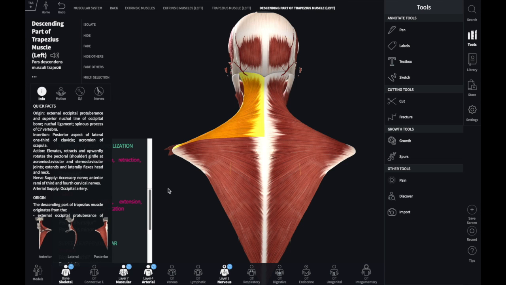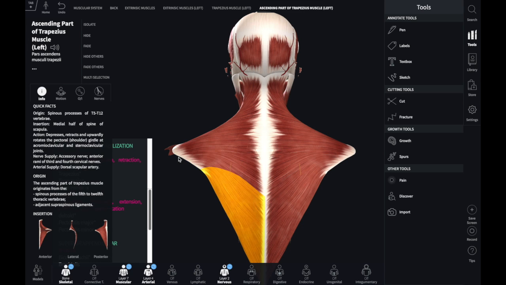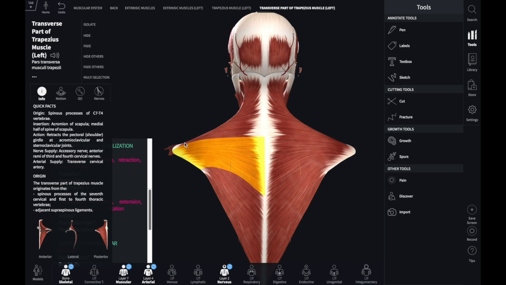You have your superior-most component. Its attachment site is the base of your skull. External occipital protuberance would be the origin, as well as all along the spinous process of your vertebrae. The mid portion of the trapezius, the insertion is all along your scapular spine here.